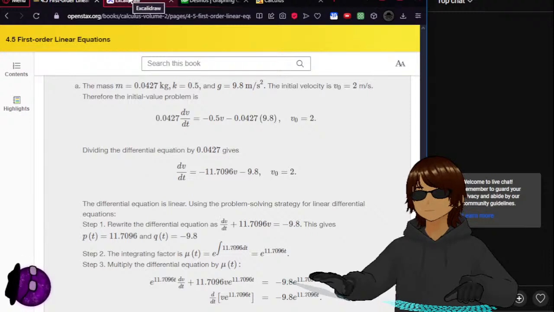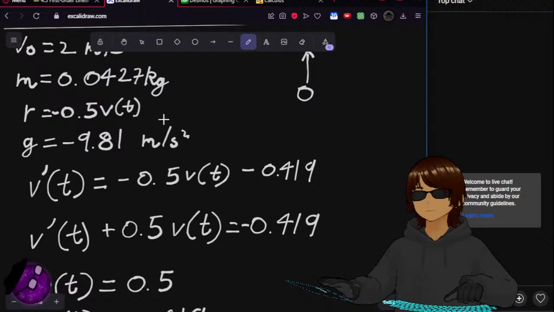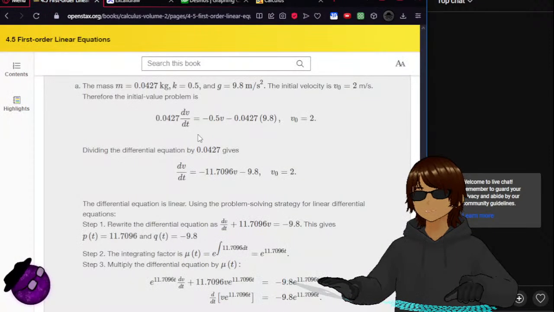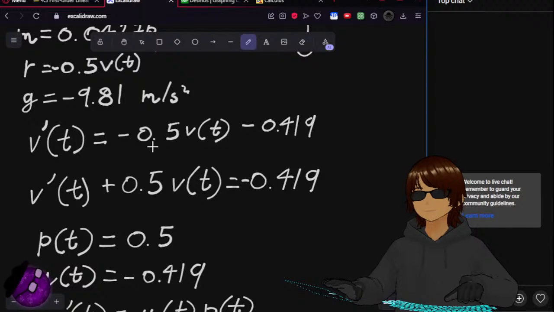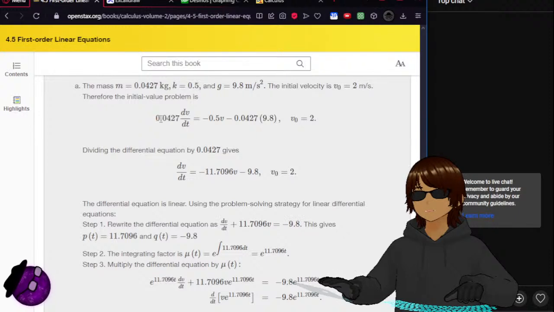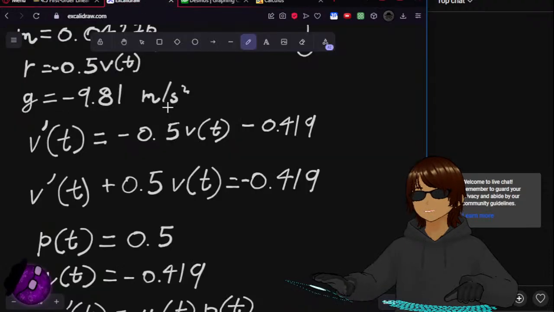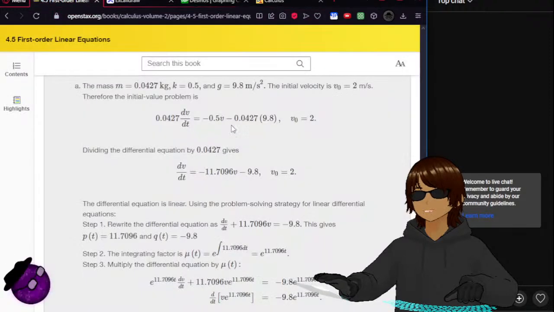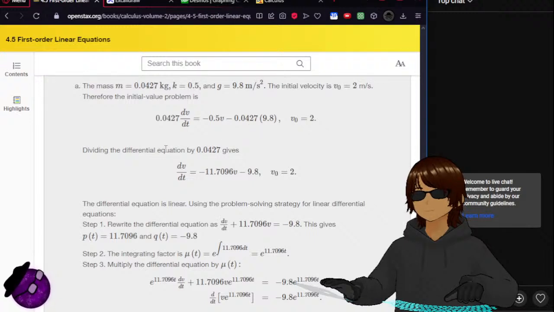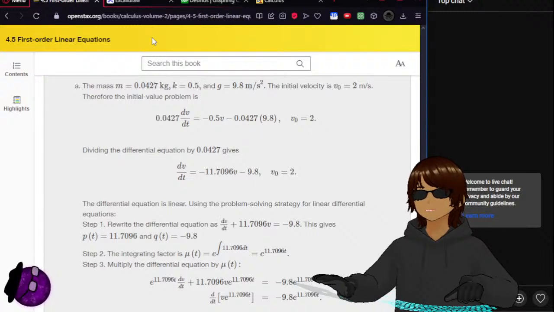Let's see. The derivative is minus this, minus this. The net force is mass times acceleration. I see, so I made a mistake. Minus 0.4, dividing it by 0.0427.